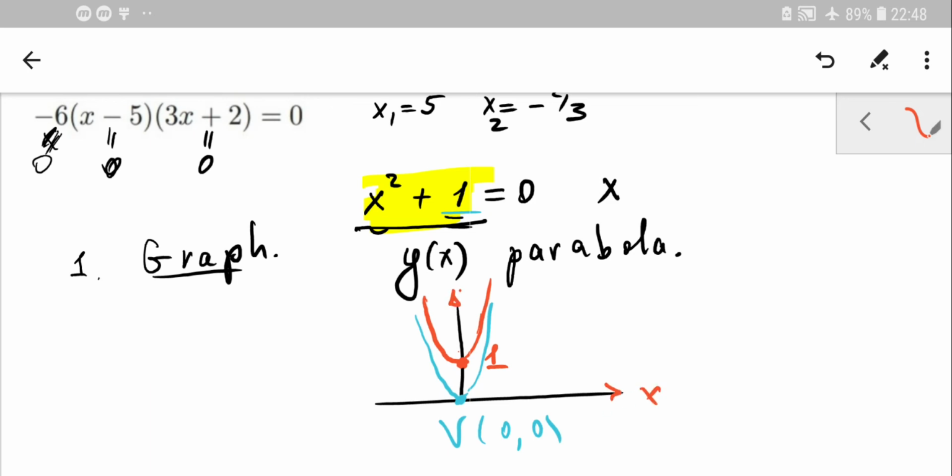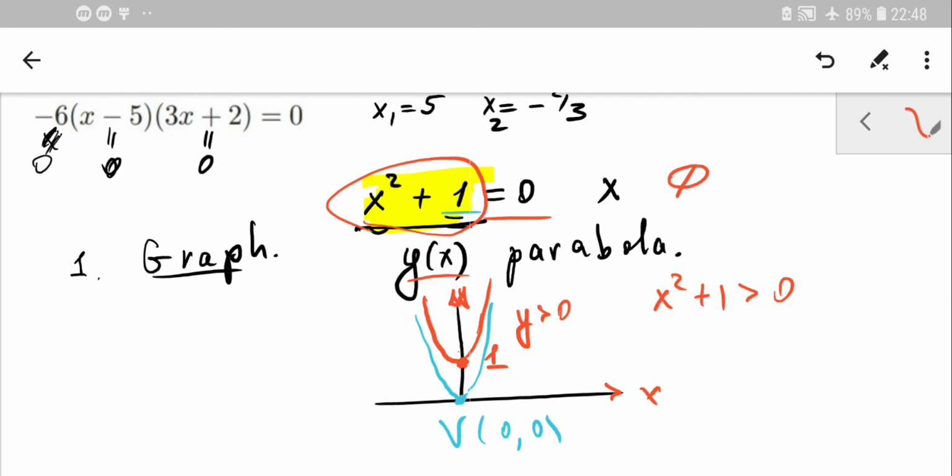That's why y is always positive. So the left-hand side, x squared plus 1, which is the function, is always positive. So it can never be 0. There is no value of x that delivers the function to be 0. So in other words, you don't have 0 as a function value. That's why there are no solutions, or just an empty set.